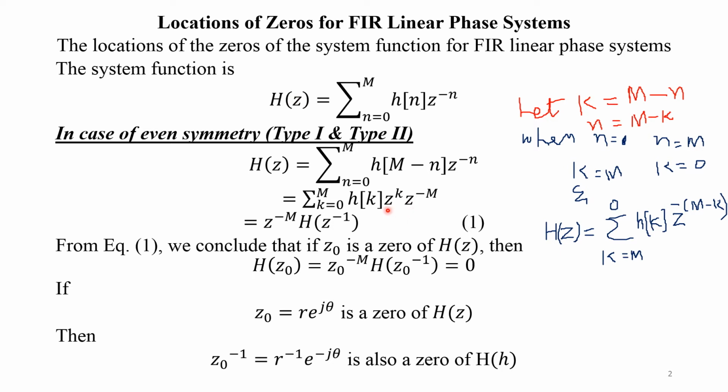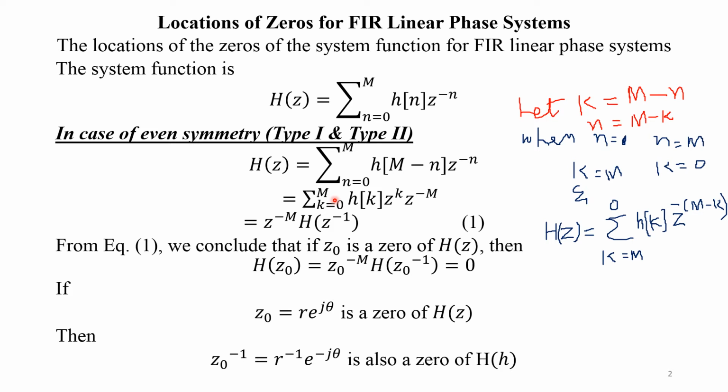Because here we are multiplying with z to the power k, basically this is z to the power minus 1, so we are summing over z inverse. z to the power k can be written as z to the power minus 1, into minus k, so that results in H of z inverse. I hope that's pretty straightforward. So we get this expression, and we call it equation 1.